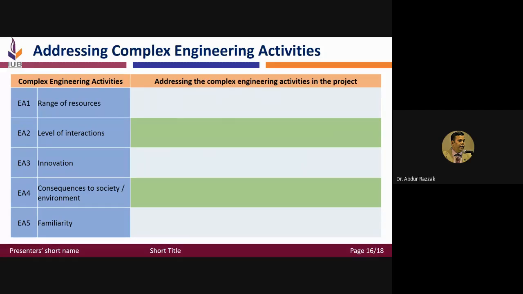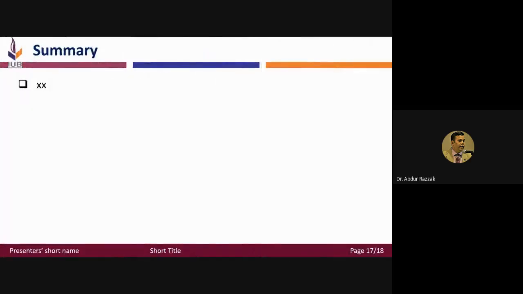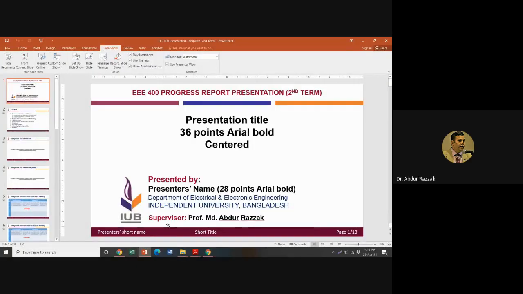So make sure that these two are correctly written and comprehended here. Okay, and the summary and the other things are there. So the only new thing is the simulation part, and if you have any theory, design, or mathematical model, that part will be included in the second term.